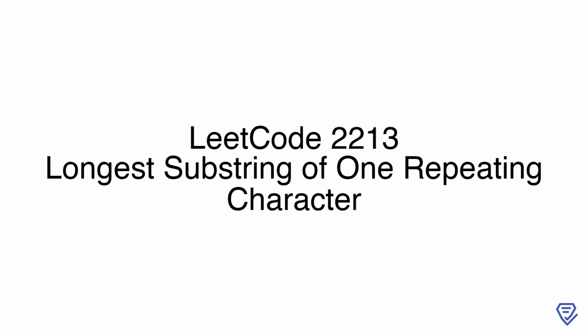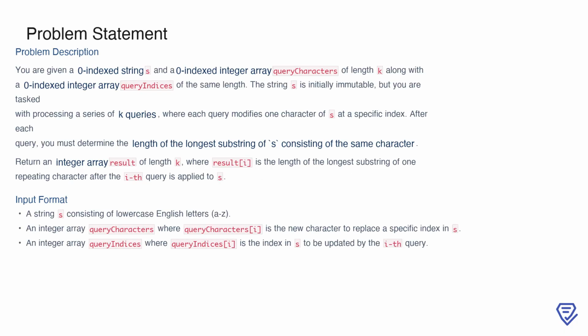Ready? Let's get started. In this problem, you're given a string s made of lowercase English letters. Along with this, there are two arrays, query characters and query indices, both of the same length k. The task is to process k queries, where each query specifies a character from query characters to replace a specific index in the string s, as given by query indices.